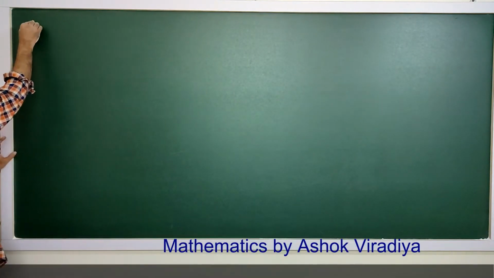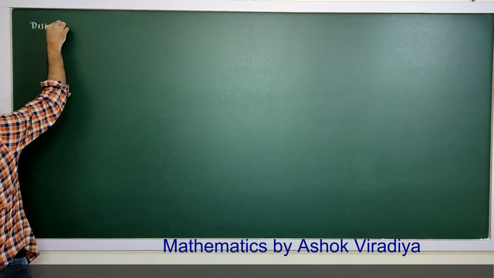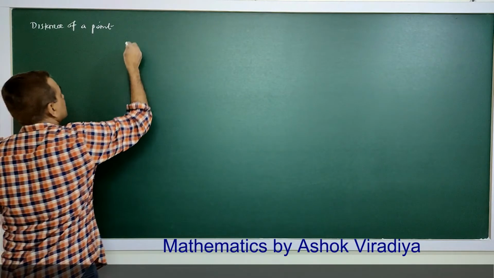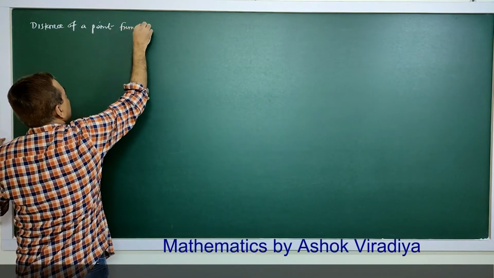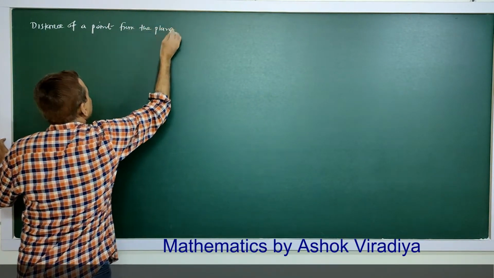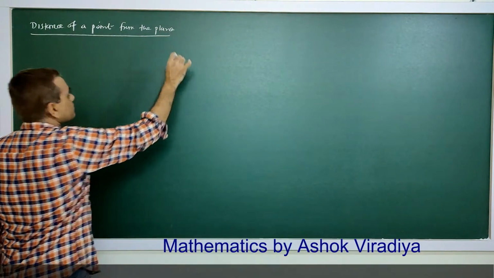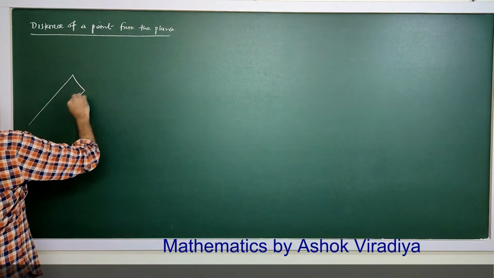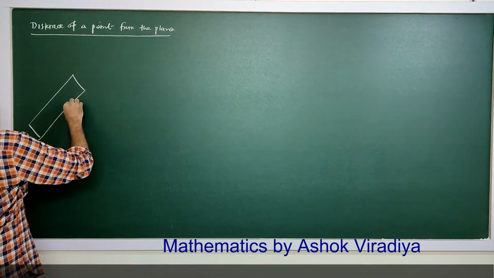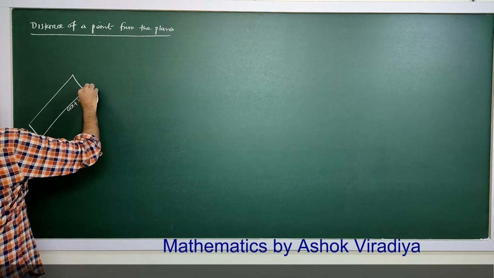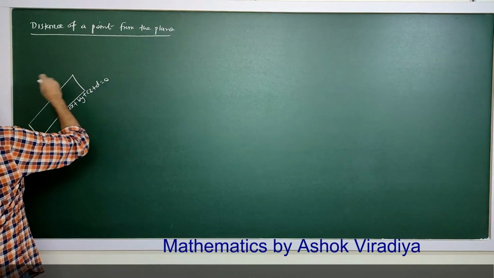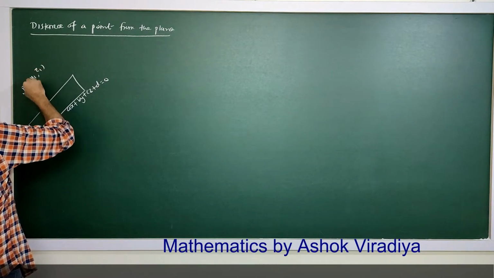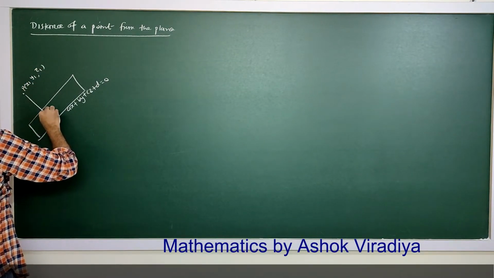Now distance of a point from the plane. If this plane is ax plus by plus cz plus d equal to 0 and point is x1 y1 z1, we want this perpendicular distance.